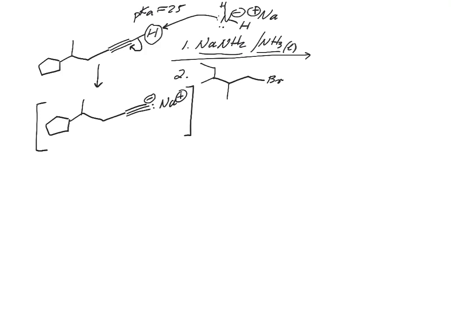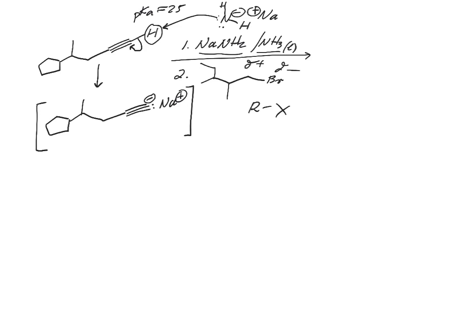Let's take a look at step 2. In step 2, we add an electrophile in the form of an alkyl halide. As we recall, the bond between carbon and halogen is slightly polarized in the direction of the halogen, inducing a dipole moment.